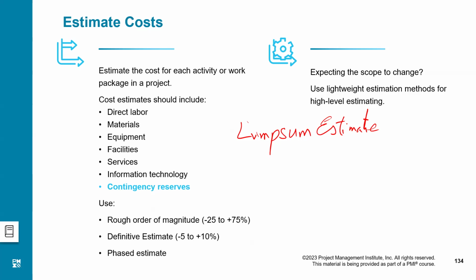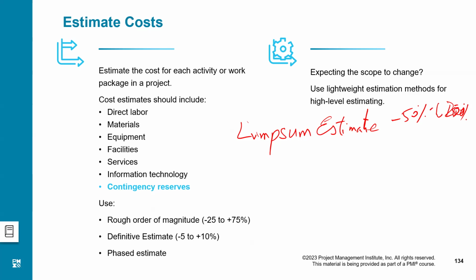The question is, how much is it accurate? So I would tell you that this kind of estimate is accurate to the level of minus 50% to, sorry, minus 50% to plus 200%.